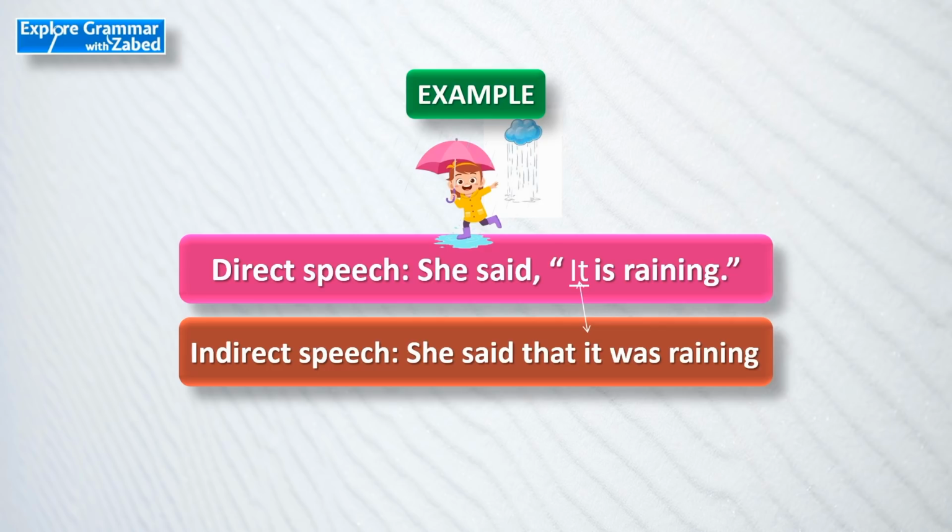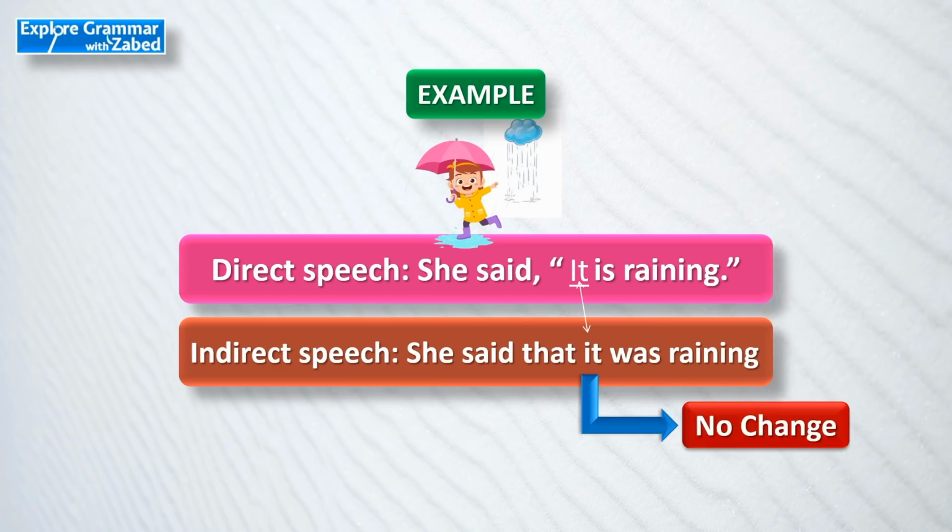So the last letter of the SON formula, N, states that the third person pronouns including he, she, they, it, her, him, his, or any name, for example, Ali, Maha, Prabha, do not change in the reported speech.